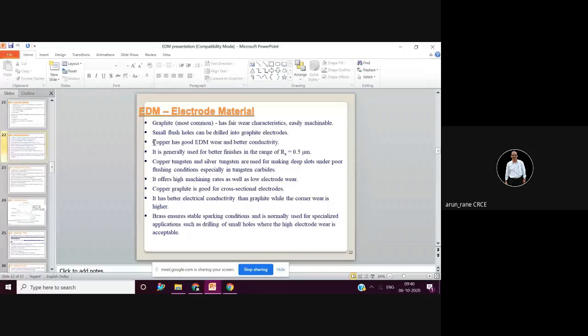Again, the EDM machine has a tool magazine like our CNC milling machine, in which you can mount the electrodes, exactly like a CNC milling machine tool magazine. If the roughing electrode's work is done, then a tool change will happen, the semi-finishing electrode can be called, then again a tool change will happen and the finishing electrode can be called. So this is three electrodes.